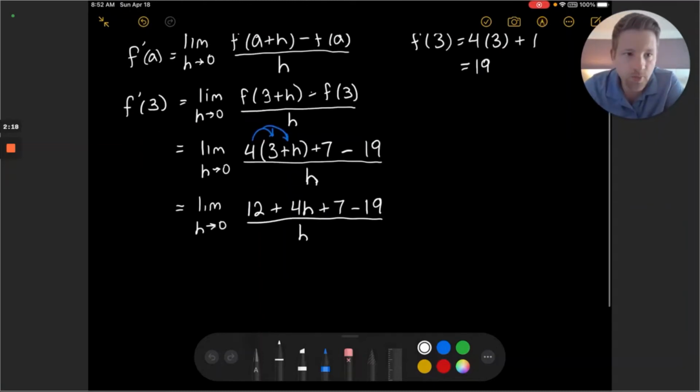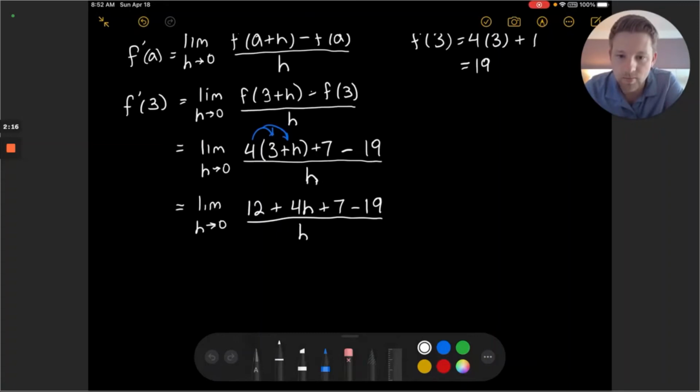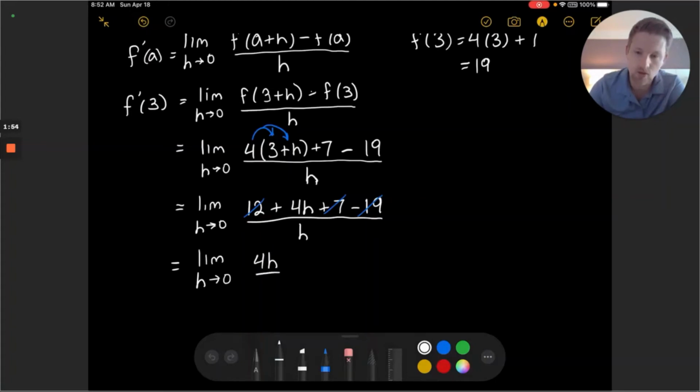Now, taking a look at our numerator here, I think we can add some constants together. We'll have 12 plus 7 is 19, minus 19. Each of these is just going to go to 0 when I add. So I can rewrite my limit one more time. This is the limit as h goes to 0 of 4h divided by h.